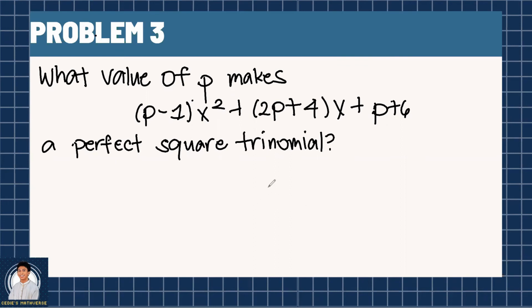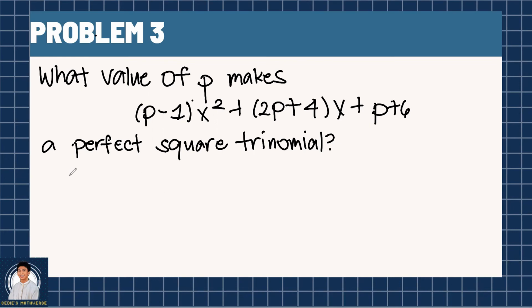Alright, now here's our last problem for this tutorial. What value of p makes quantity p minus 1 times x squared plus quantity 2p plus 4 multiplied by x plus p plus 6 a perfect square trinomial? This looks a little complicated, but it's still the same process.